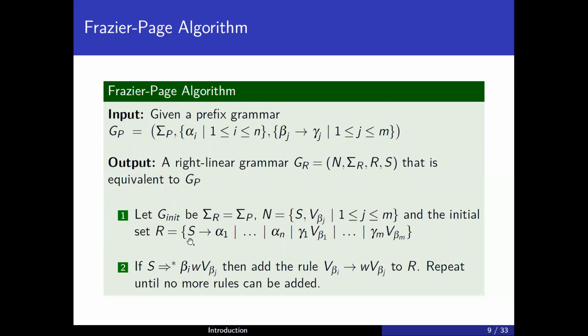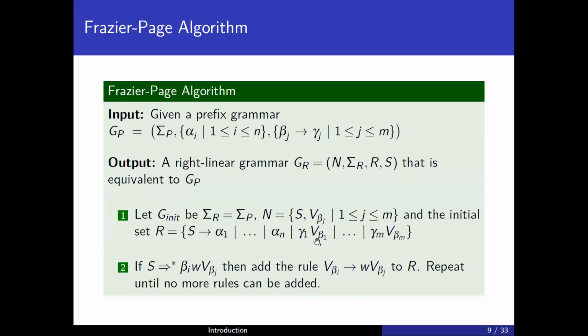Then we're going to add rules, where we add a new rule from S for each base string in the prefix grammar. And then we add a rule for each original rule in the prefix grammar, where we take the right-hand side as the prefix, followed by the non-terminal corresponding to the left-hand side.